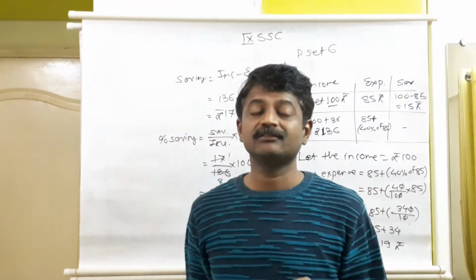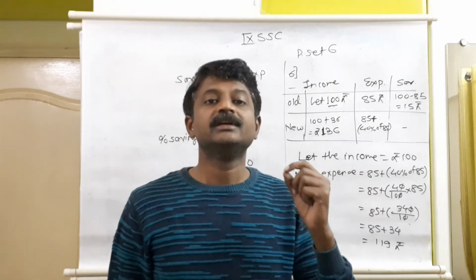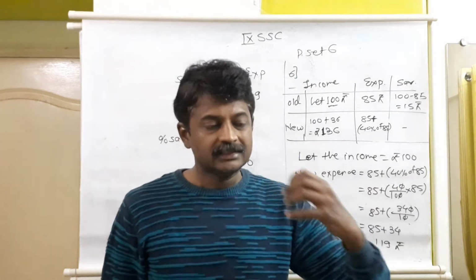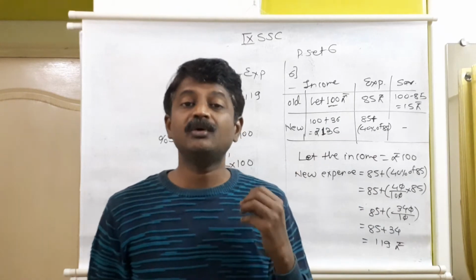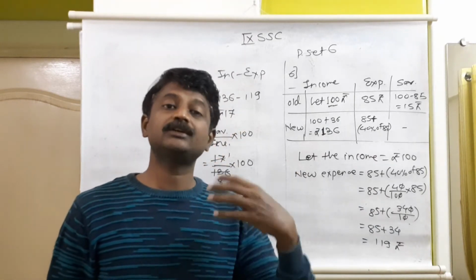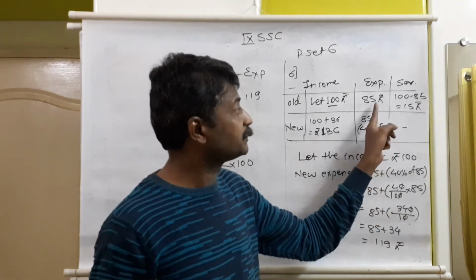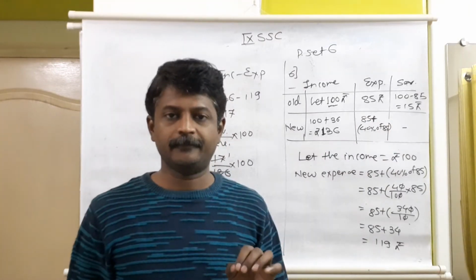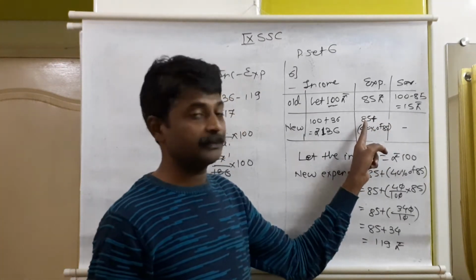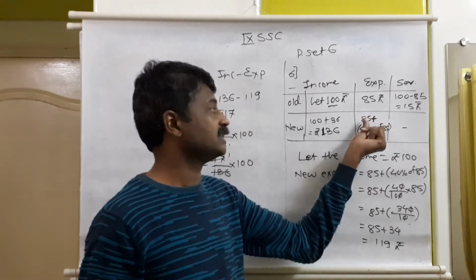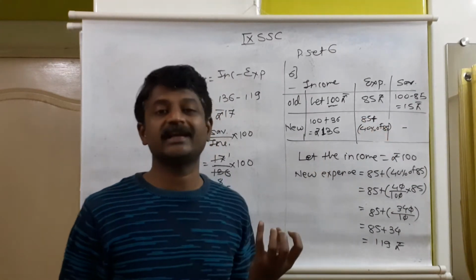Then the condition is given, as the income is increased, his expense is also increased by 40% of the old expense, which is 85, not exactly 100. So 85 is the old expense plus 40% of 85 will be his additional expense.